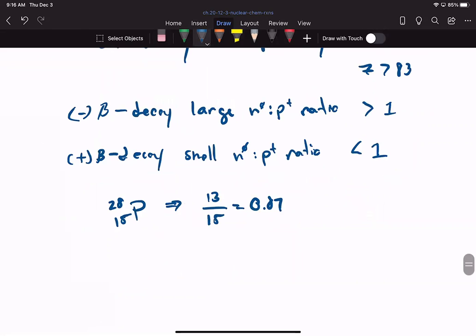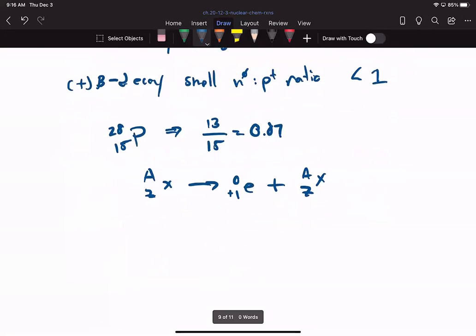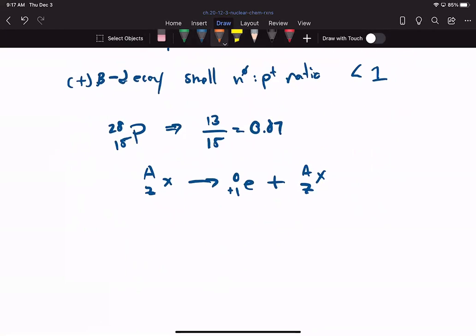So let's write a formula for that. Our formula is A, Z, X going to give out 1 positive, plus A, Z, X. Let's start with that one: we put 28, 15, phosphorus. We toss out 1 positron here.